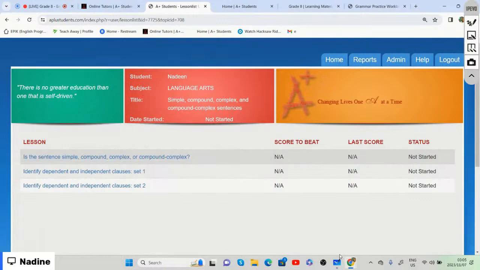Even when we are done with the lesson for today, you can go back, recap, and go over certain things. The chapter and all of those will also be on the screen. We are on aplusstudents.ca.